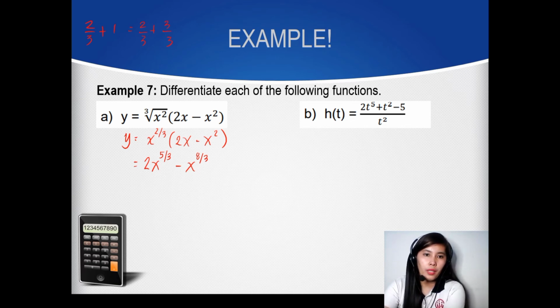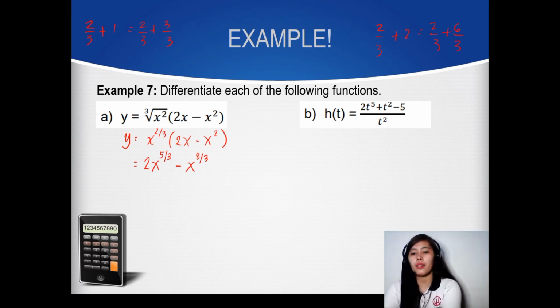So I will just think of 1 as 3 over 3. So therefore 2 plus 3 is equal to 5 over 3. And for 2/3 plus 2, that is the same as 2/3 plus 6 over 3. So that's why I said a while ago 2 plus 6, that is 8, then over 3. So that is how you do mental calculation of summation of fractions.